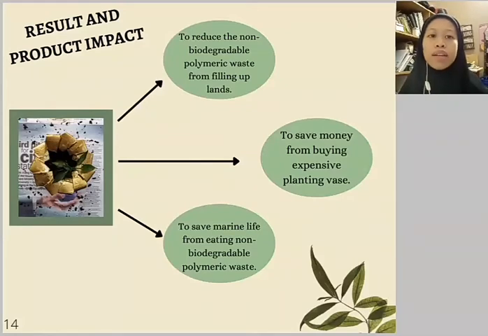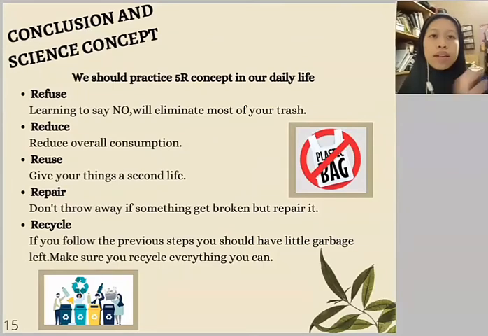And the last one is to save marine life from eating non-biodegradable polymer waste. So that is quite dangerous for them if they eat them. So it's good to recycle the polymer bag.